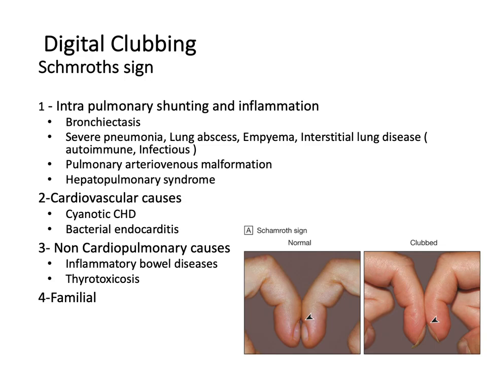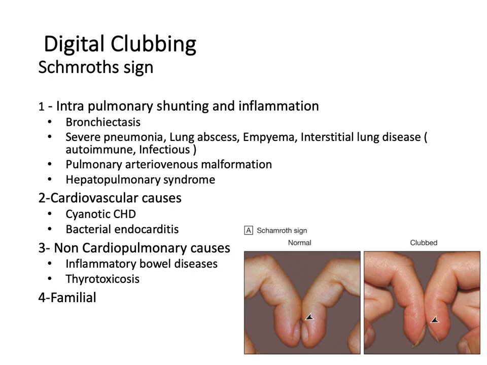And as you know, digital clubbing can have pulmonary, cardiovascular, non-cardiovascular, or familial causes. From the pulmonary causes, with shunting and inflammation: bronchiectasis, severe pneumonia, lung abscess, empyema, interstitial lung disease like autoimmune and infectious lung disease, pulmonary arteriovenous malformation, and hepatopulmonary syndrome, where chronic liver disease causes vasodilatation of the pulmonary arteries and ends with this condition.